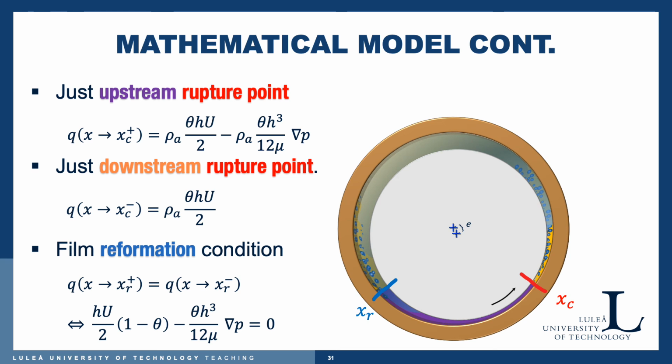Now the divergent sector closes again, and we have a convergent sector where the reformation of the film occurs at some point, and here this is marked with XR, and at this point we have a reformation condition telling us that again we have this two-term type of mass flow construction, and it's the shear flow first and then the Poiseuille flow term as the second one.